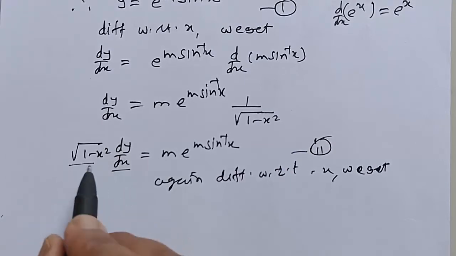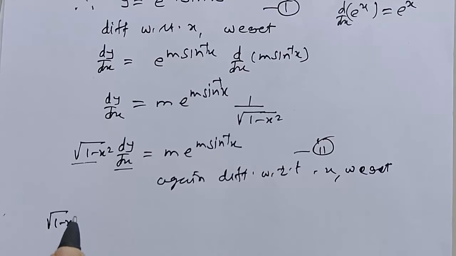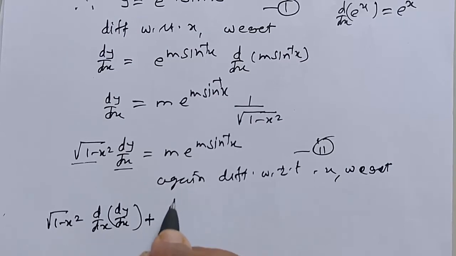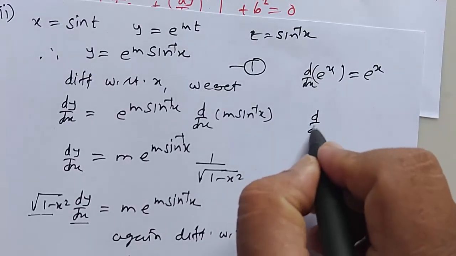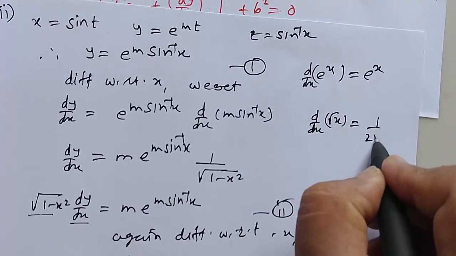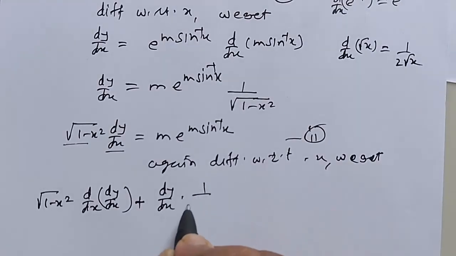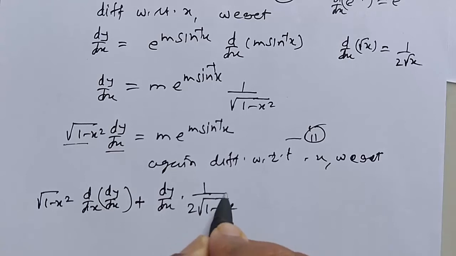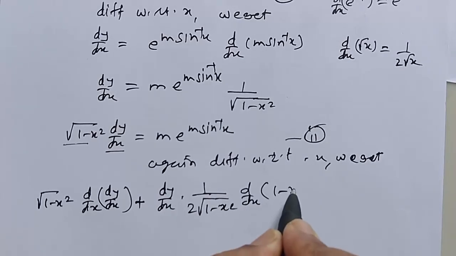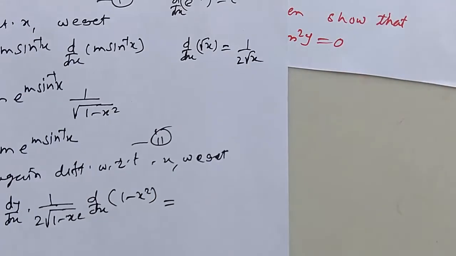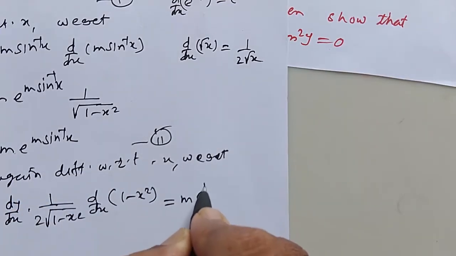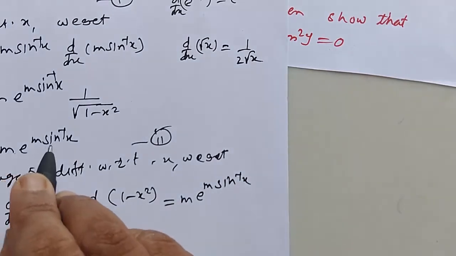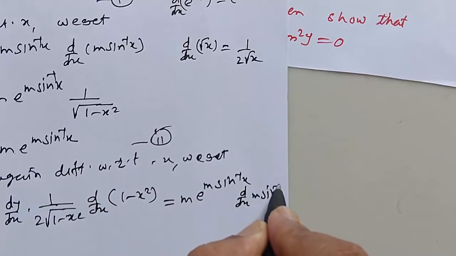it is a product of two functions, so we use product rule. Under root of 1 minus x square times the derivative of dy by dx, plus keeping dy by dx constant, differentiating the under root: we know that d by dx of under root of x is 1 upon 2 under root x, so it is 1 upon 2 under root of 1 minus x square into the derivative of 1 minus x square, is equal to the derivative of e raised to m sin inverse x, which is m into m square, e raised to m sin inverse x into 1 upon under root of 1 minus x square.